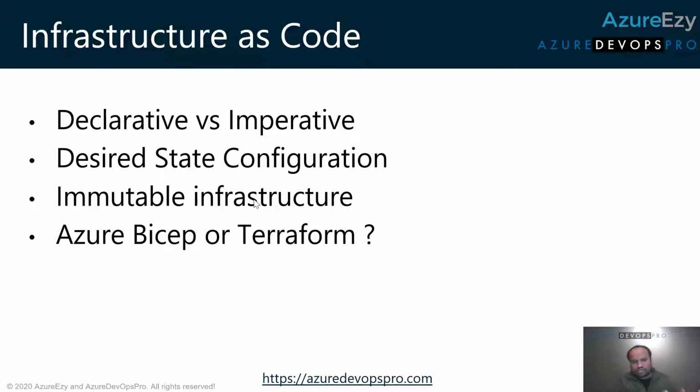Both of these tools are very good at what they do. Azure Bicep is also a desired state configuration tool, it is declarative in nature, and it helps you implement immutable infrastructure. The same applies to Terraform.